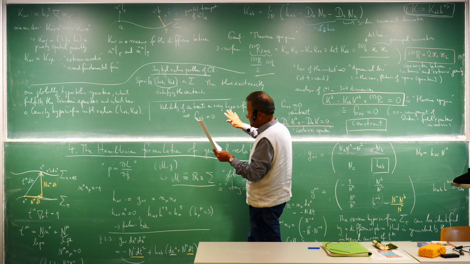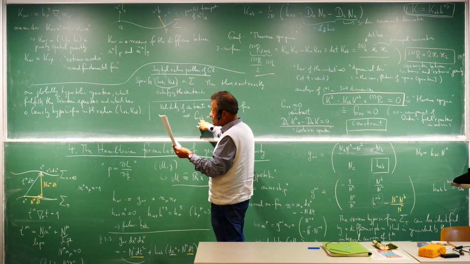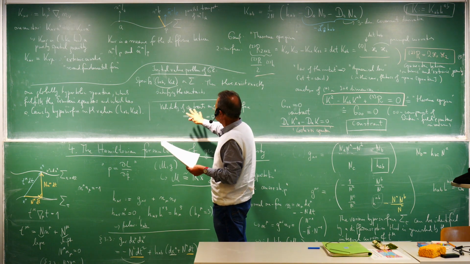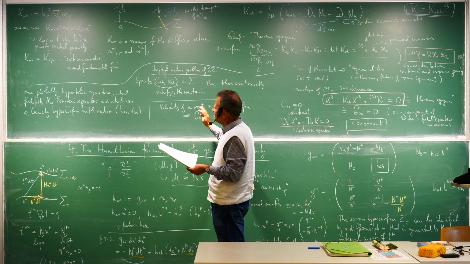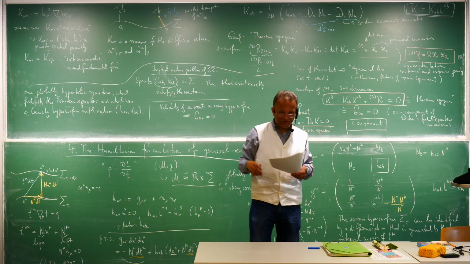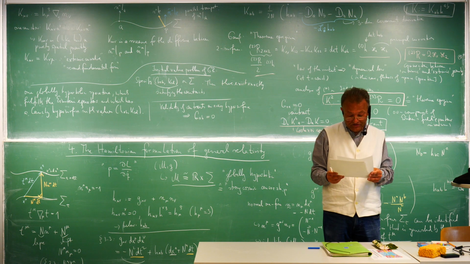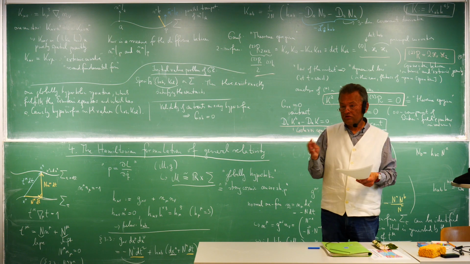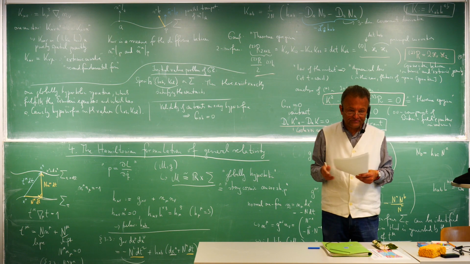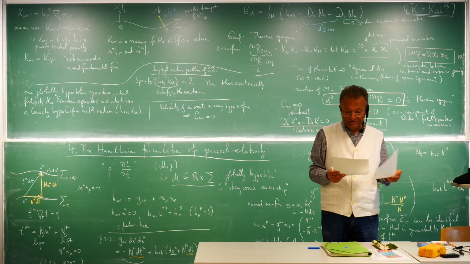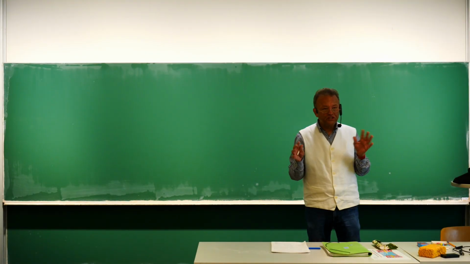If we have this equation and the constraints hold on one hypersurface, then they hold on every hypersurface. Similar theorems also hold for electrodynamics, which I will not mention. So I hope the procedure is clear.